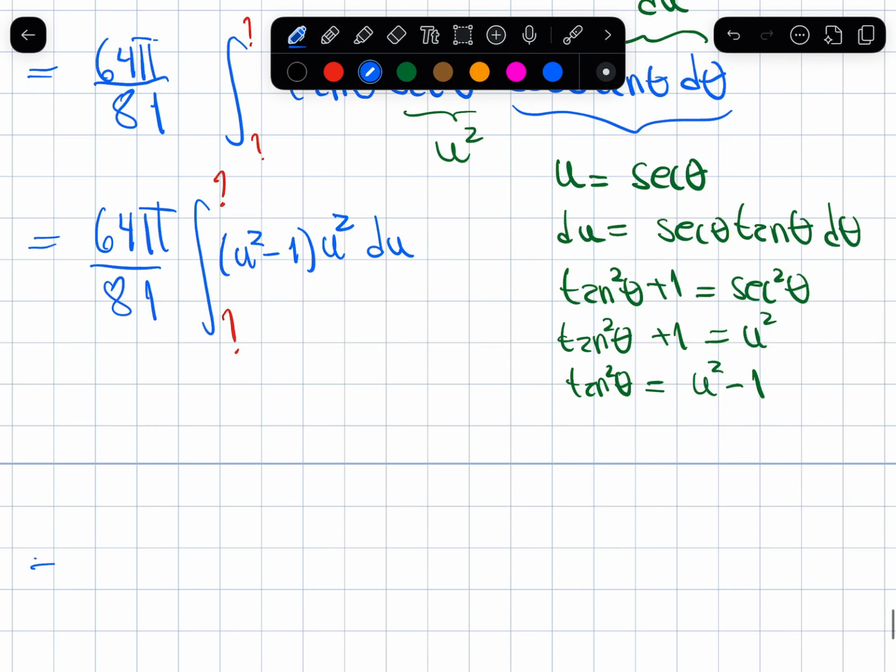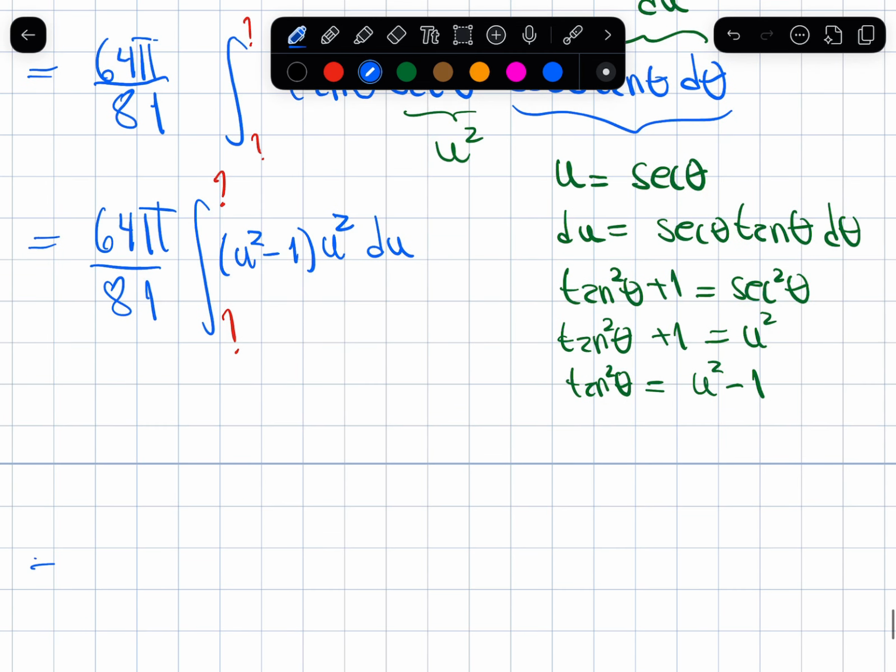This is u to the power 4 minus u squared. Then I integrate du. So now I have u to the power 5 over 5 minus u cubed over 3. And then I have to plug in the two limits of integration. I'm going to let you do that yourself.